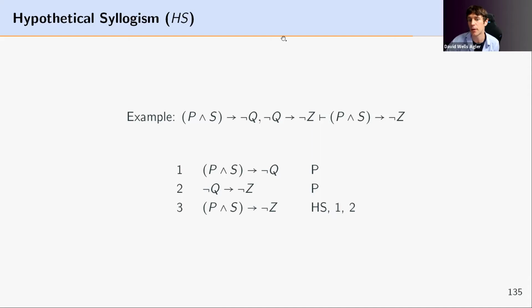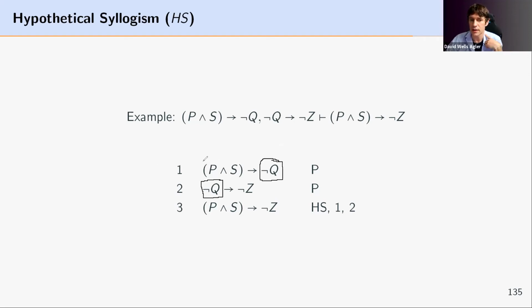Okay, so what you would write at line 3 is if P and S, then not Z. So why would you write that? Well, at line 1, you see not Q. And then at line 2, you also have the exact same formula as the antecedent of that conditional. You have not Q. So you have this formula that you could think about as linking those 2 conditionals together.